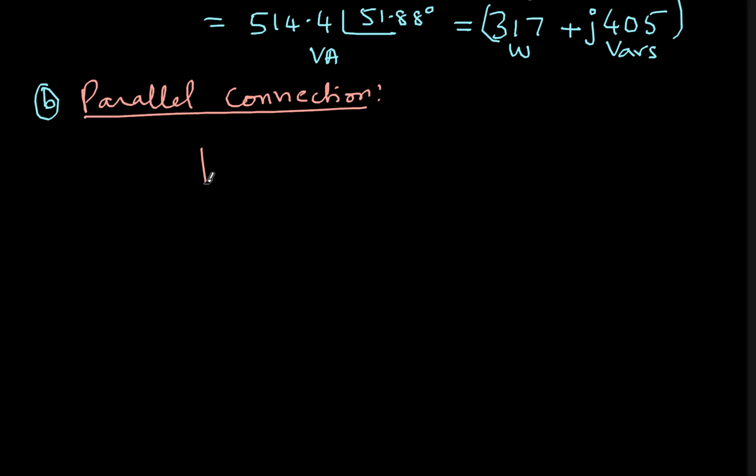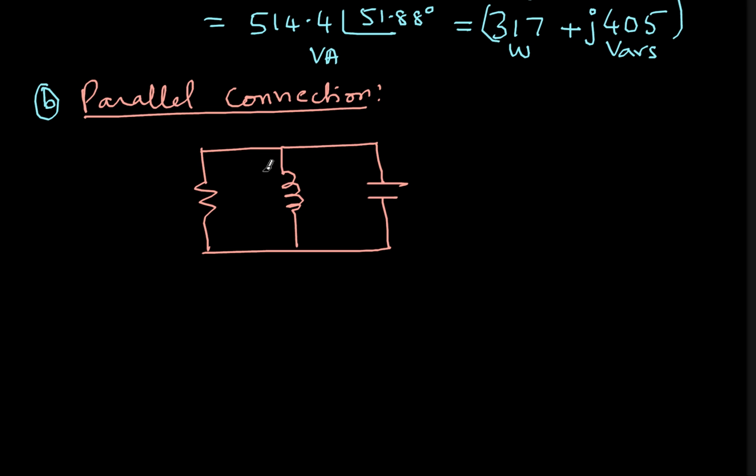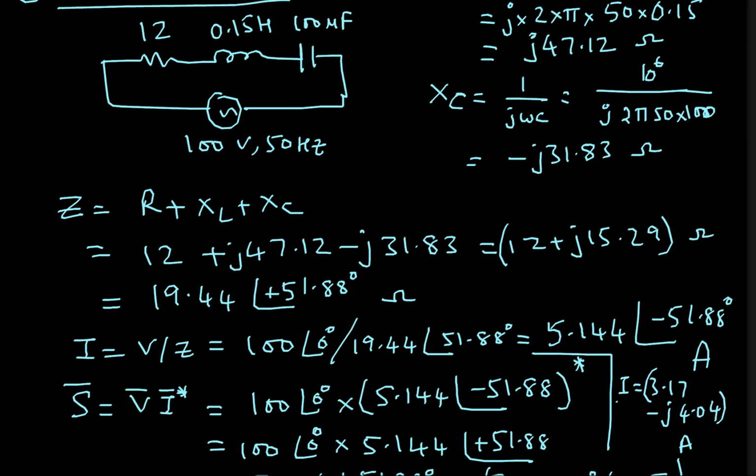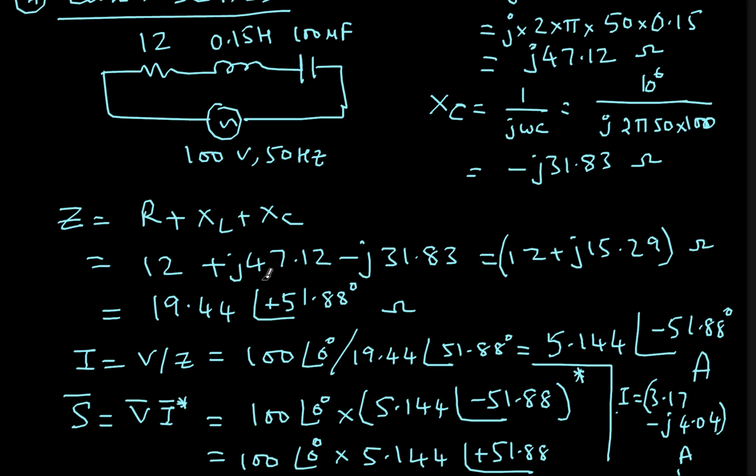So I have the same elements, resistance, inductance and capacitance, and the voltage is the same, 100 angle 0 degrees. Now to find the total current, this is 12 ohms. Because the frequency of the supply is the same, the values will be the same, 47.12 and 31.83.